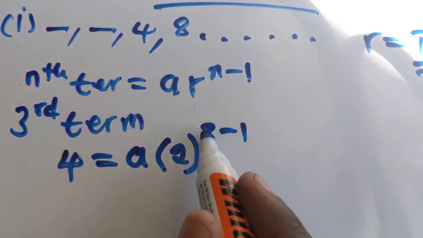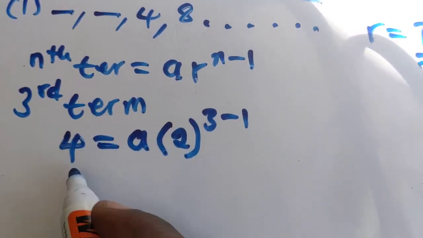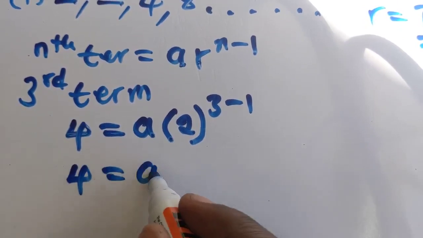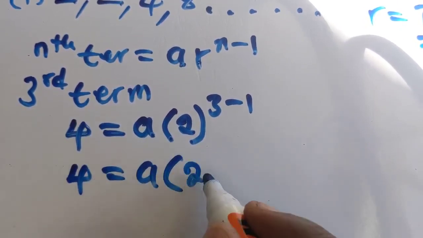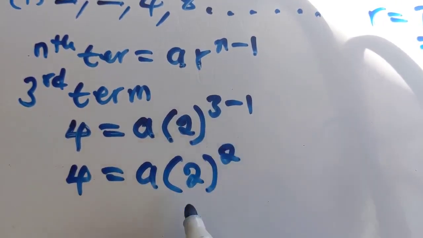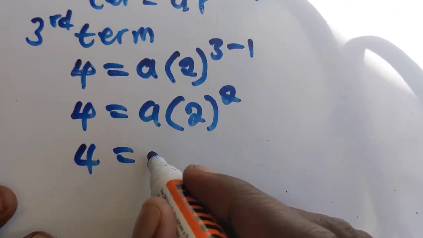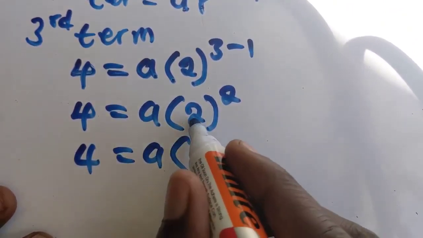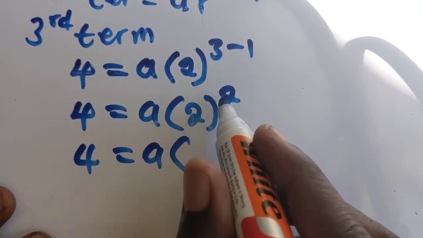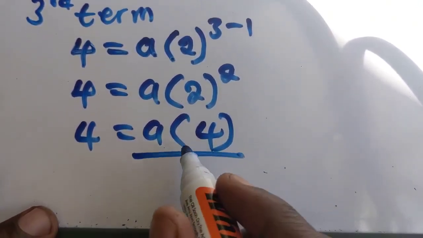So here you find 4 is equal to a, open bracket, 2, to the power 3 minus 1, that is 2. So 4 is equal to a multiplied by 2 to the power 2. 2 to the power 2 is 4.